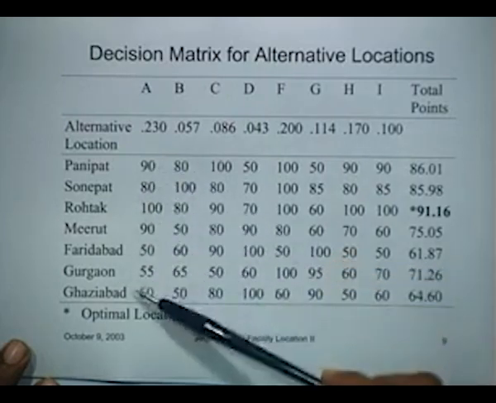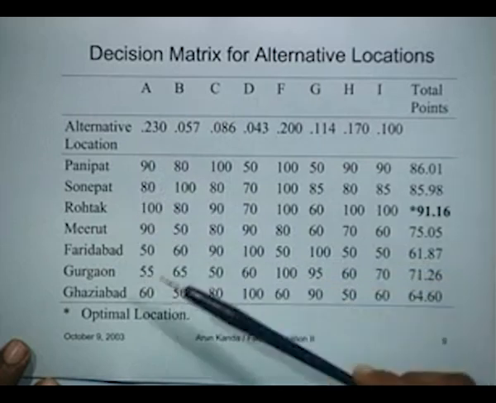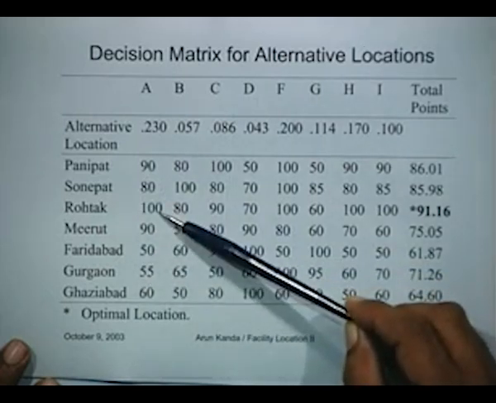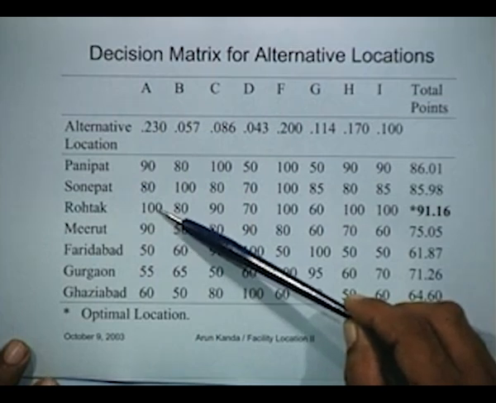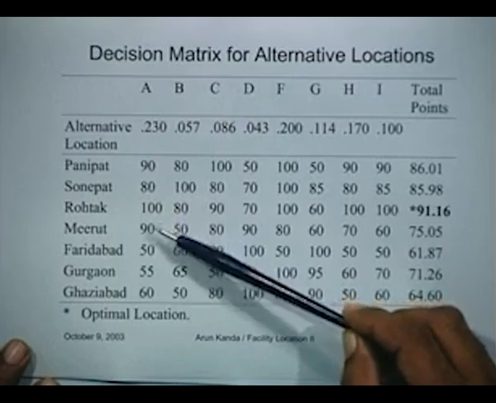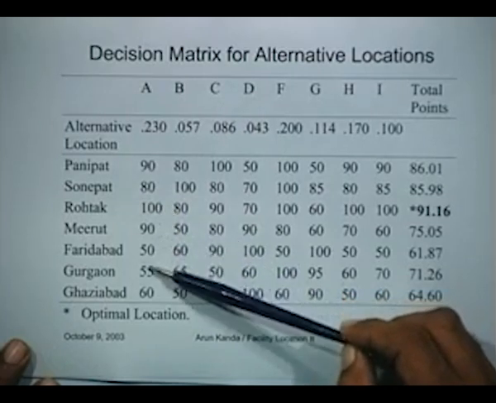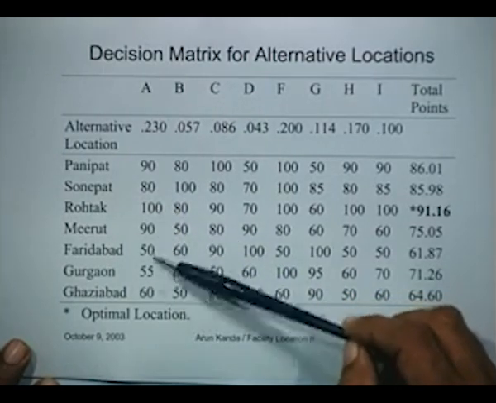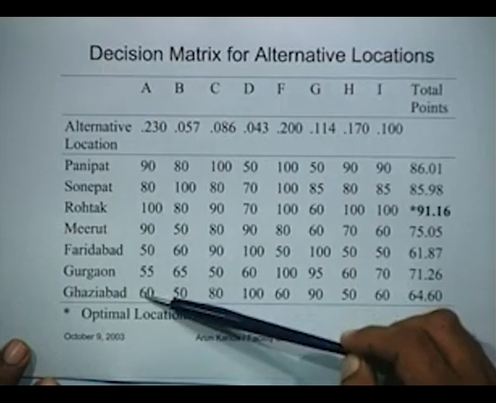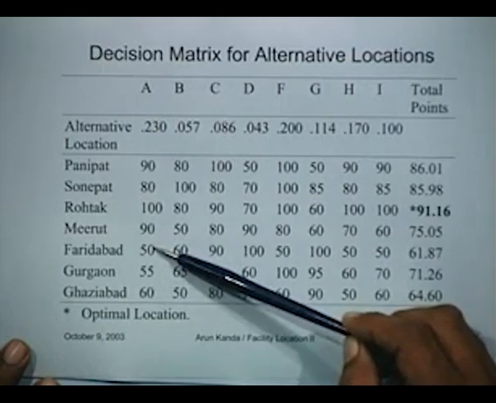So in comparing these in terms of distance to the raw material source, Rohtak was relatively raw at that time, and plenty of raw material was available there. So it was 100. And which was the worst? Faridabad, Gurgaon and Ghaziabad. They were all pretty low in the hierarchy, and Faridabad was the worst.